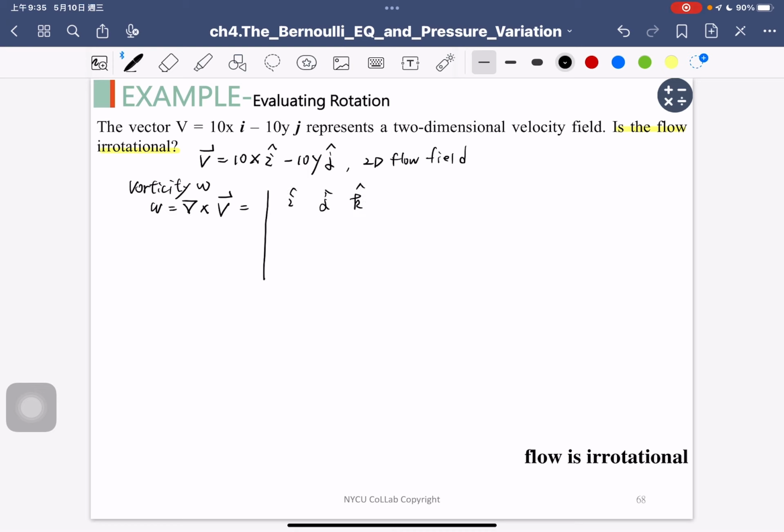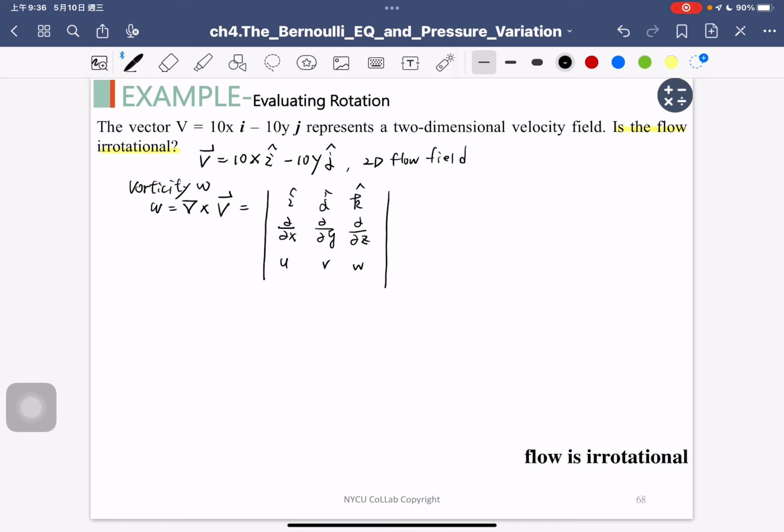Even though the flow is 2-dimensional, we still compute the cross product, with dx, dy, dz and the u, v, w velocity.